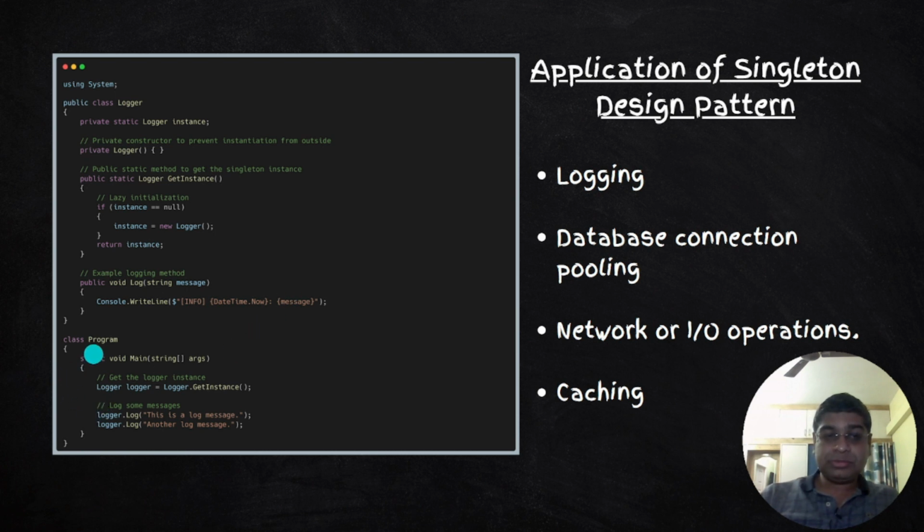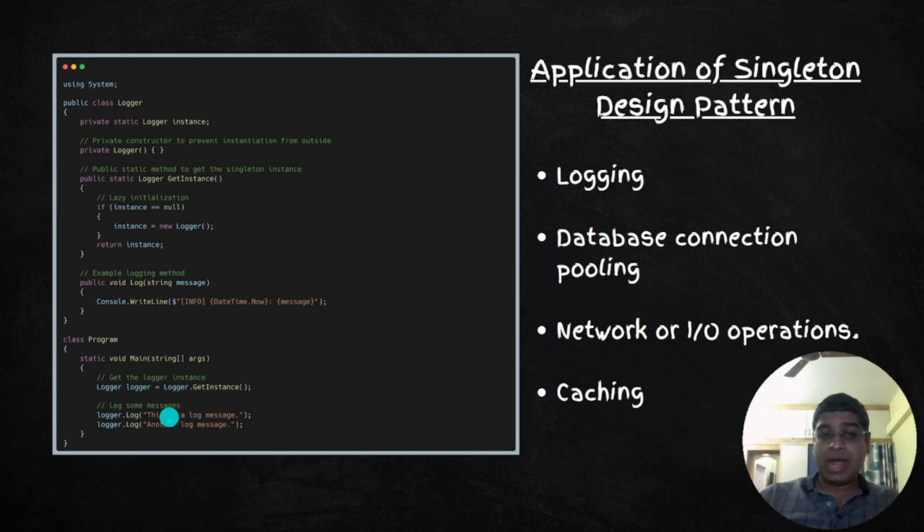Now how are you going to use this? You are not going to create an instance this time. Instead, you are going to request the instance. Imagine you are requesting the pen. Every time you request the pen, you are just getting one instance of that pen.